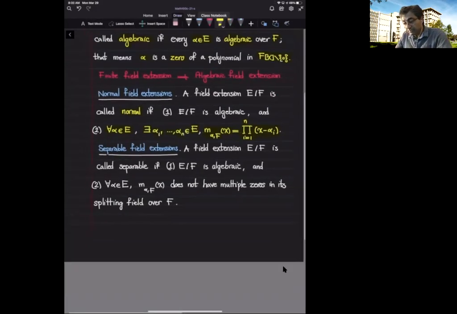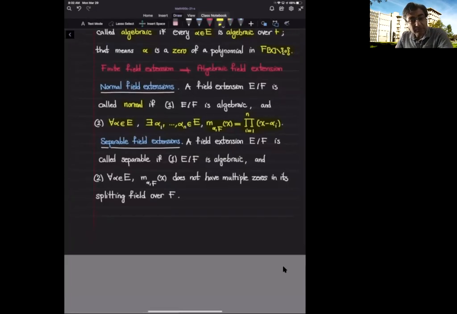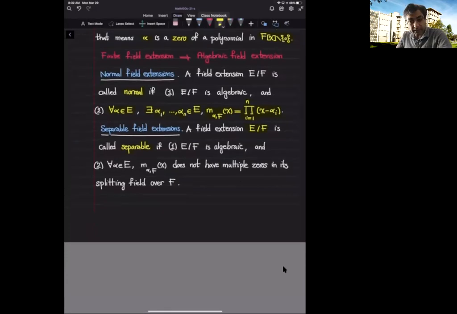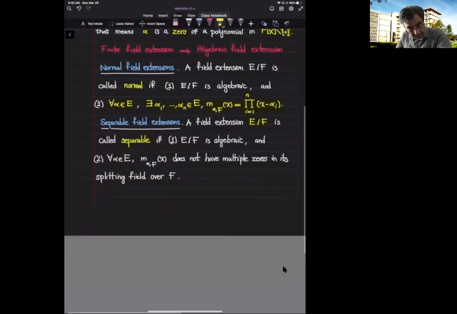Now, another concept that we introduced close to the end of the previous quarter was a separable field extension. What is a separable field extension? A field extension E over F is called a separable field extension if, again, in this course we assume that it's an algebraic extension. This concept of separability can be defined for extensions that are not algebraic, but that is more subtle, and we are not going to deal with it in this course. In this course, we deal with algebraic field extensions, and we say this algebraic field extension is separable if every minimal polynomial of some element inside the larger field over the base field does not have multiple zeros in its splitting field.